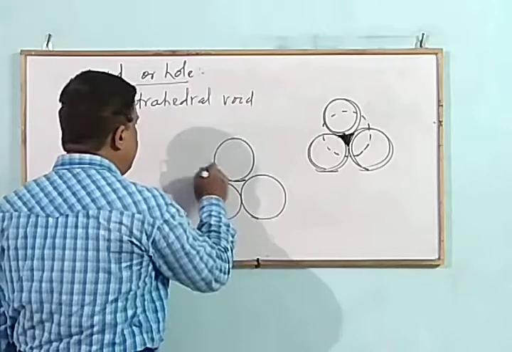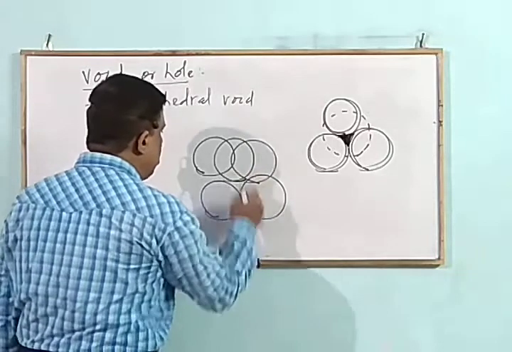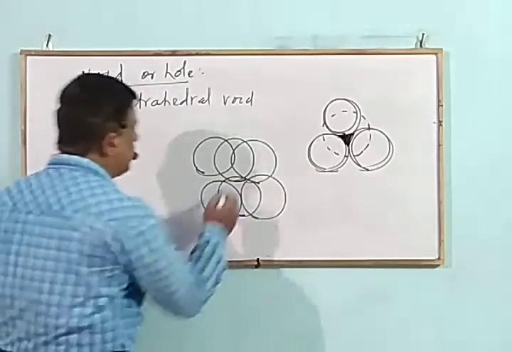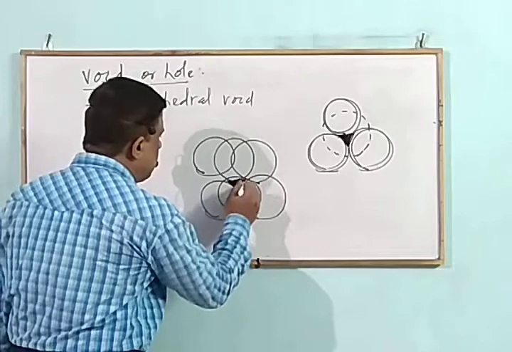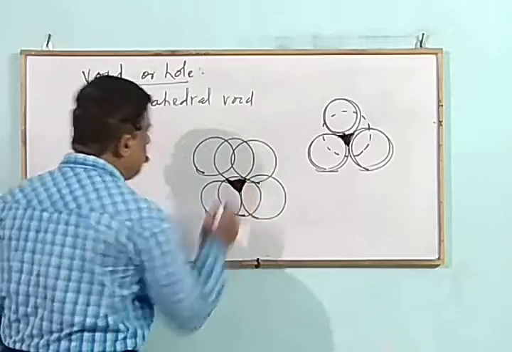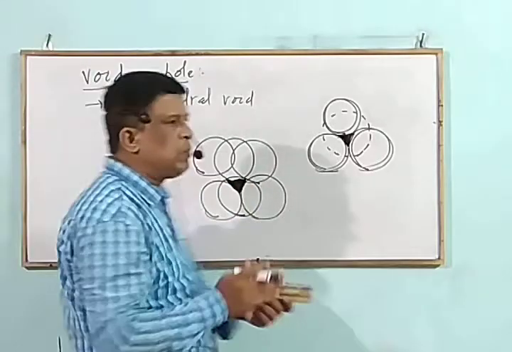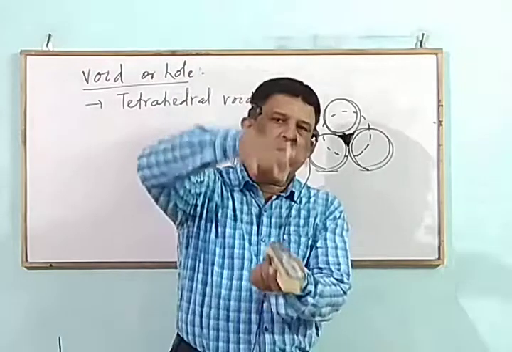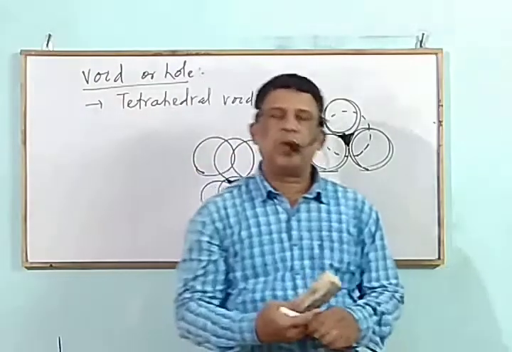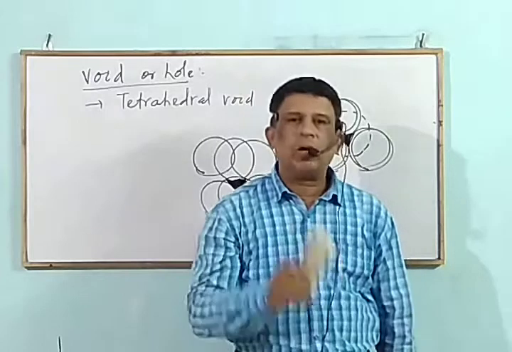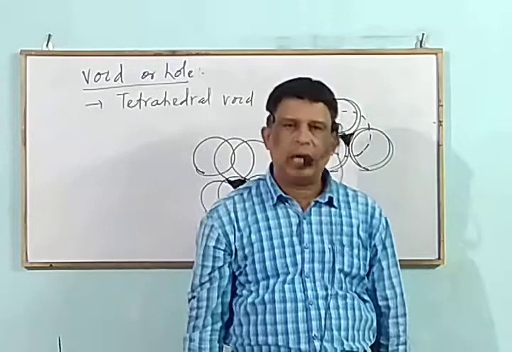Next I also draw three spheres in the closest approach. In between the six spheres, this vacant space forms between the three spheres at the bottom and three spheres at the top. That empty space is known as octahedral void or octahedral hole.